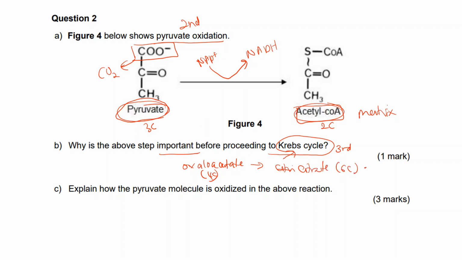So to convert pyruvate into acetyl-CoA is important, so that it can enter the Krebs cycle to combine with oxaloacetate to form citrate.